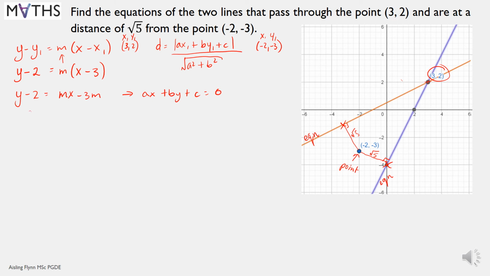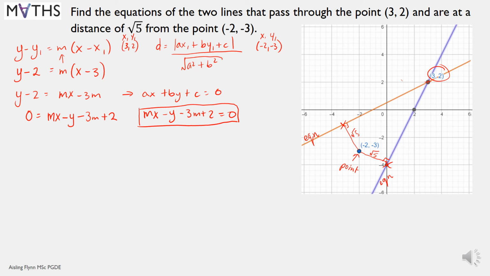So I'm going to bring everything to the right hand side because it's leading with x. So we have mx, I'm going to take y from both sides. I have minus 3m, and I'm going to add 2 to both sides. Okay, so here's my mx minus y minus 3m plus 2 equals 0. Here's my equation of the line for use with the distance formula.